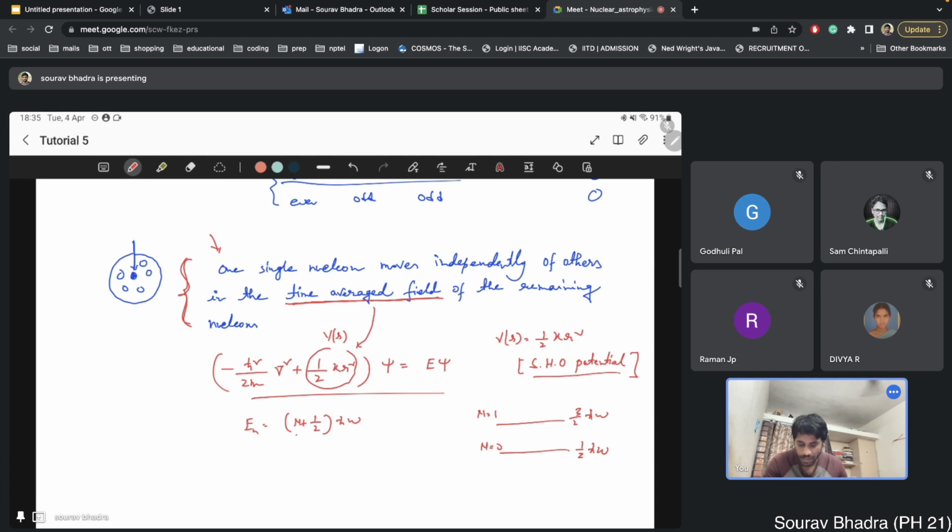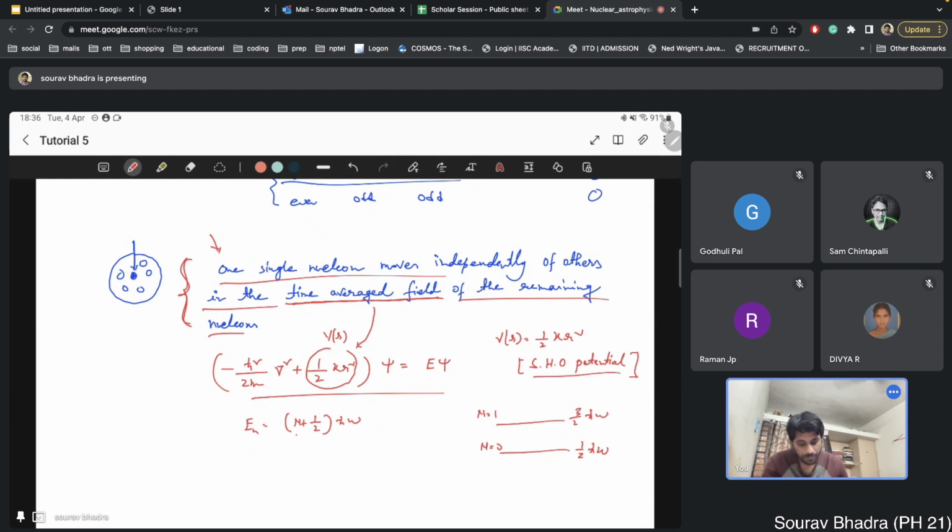Like in the resonant reaction, we compared it with the damped oscillator and wrote some expression by comparing the two. Same thing here, we are comparing this situation with the simple harmonic oscillator, and by that analogy we are coming up with some theoretical understanding.